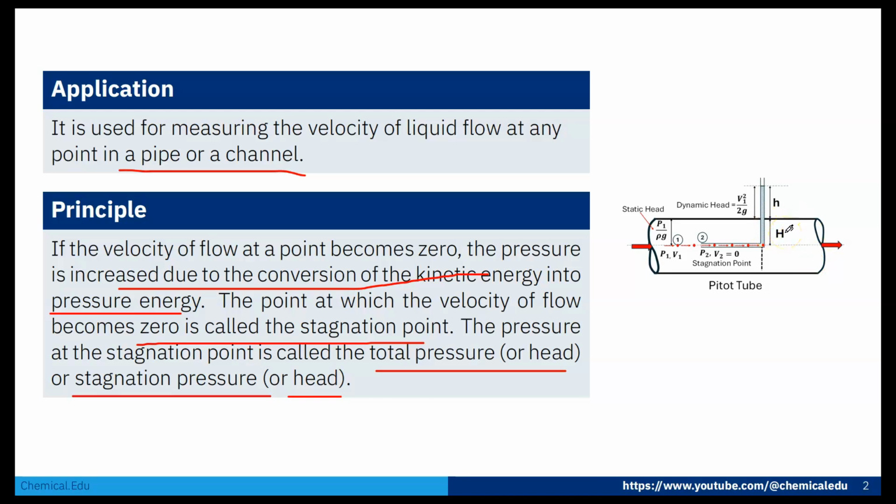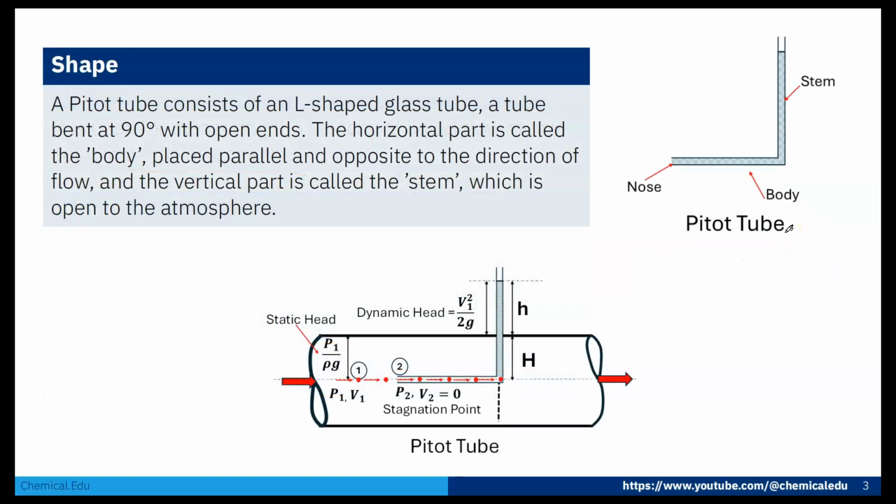Now, what is the Pitot tube shape? The Pitot tube consists of an L-shaped glass tube, a tube bent at 90 degrees with open ends.